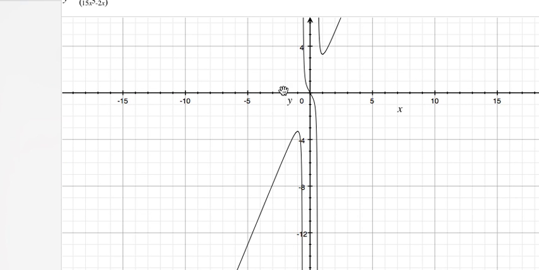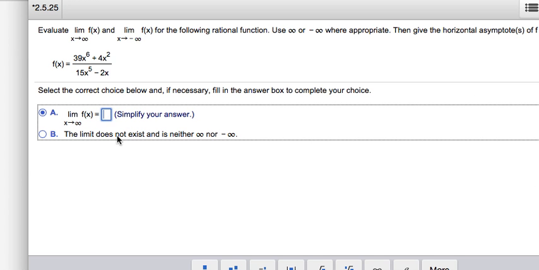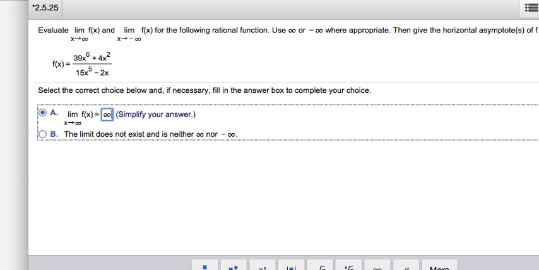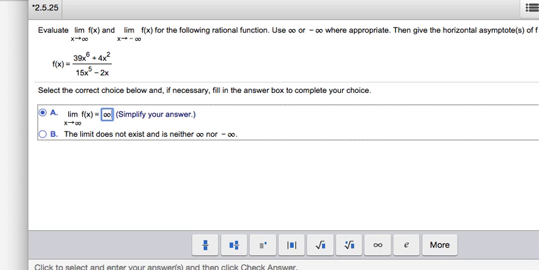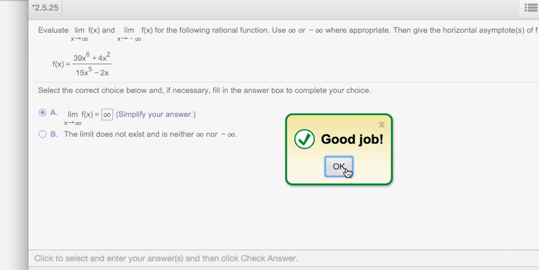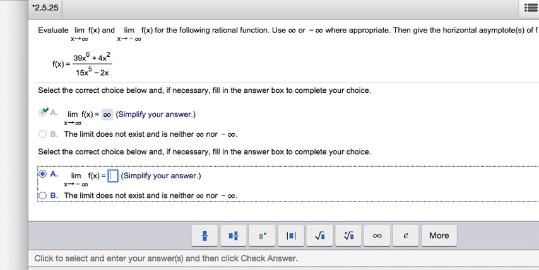So as x gets smaller and smaller out here going to negative infinity, those y's go down also to negative infinity. So the limit as x goes to positive infinity is infinity, and the limit as x approaches negative infinity is negative infinity.